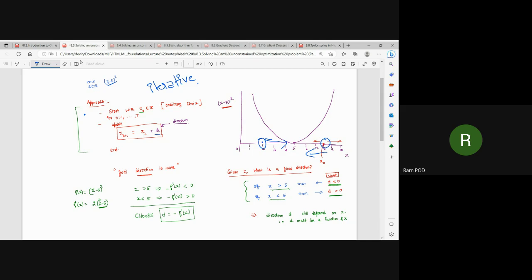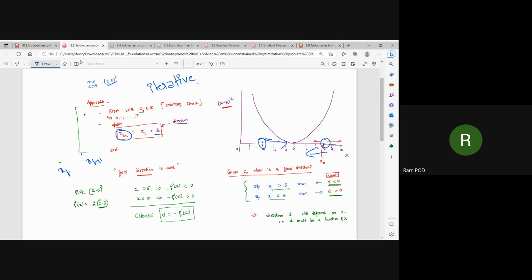So this x_t plus 1 is nothing but, let's say after some t iterations you are at x_t. From this x_t you want to move to the next one. Our assumption is that this next point x_t plus 1 should be close to the solution.